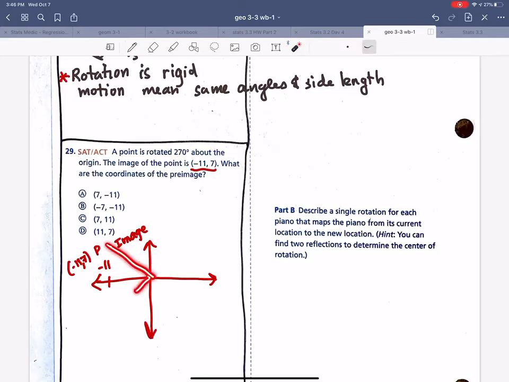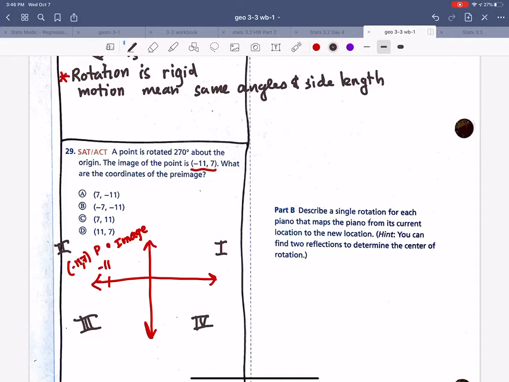So that must mean I rotated it 90, I rotated it 90, I rotated it 3 90s. I think that the original image, this one's my P prime, I think my pre-image is back here in quadrant 1. So if these are quadrants, right?